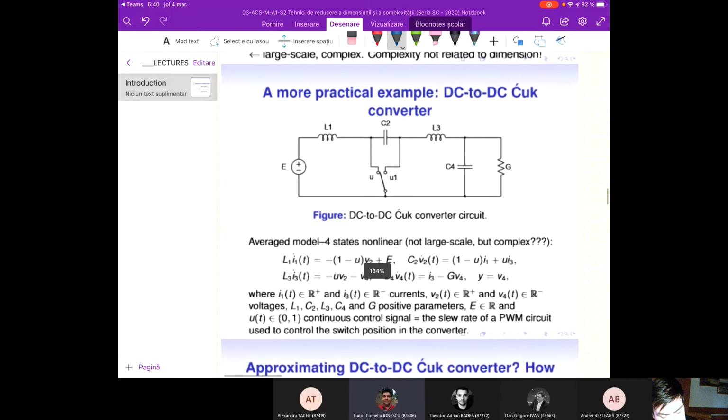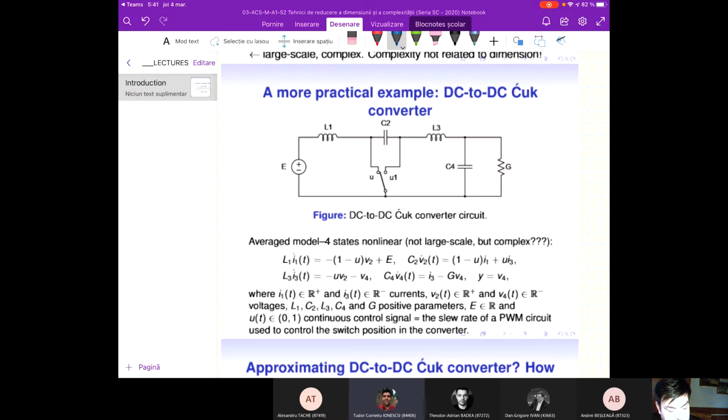A more practical example of all the things we have seen until now is a model from electrical engineering, the so-called DC to DC Chuk converter. Chuk is the name of the person who invented it. We have here a switch between U and U1, as we can see.